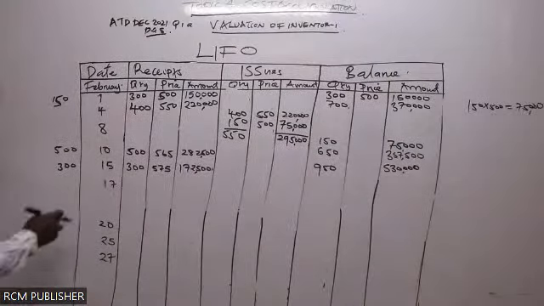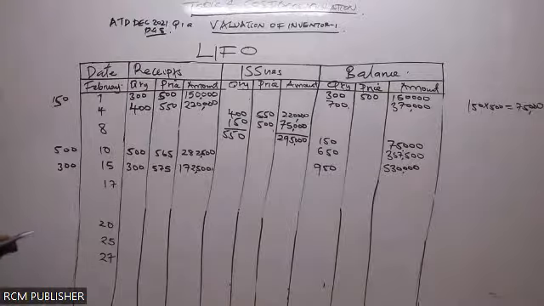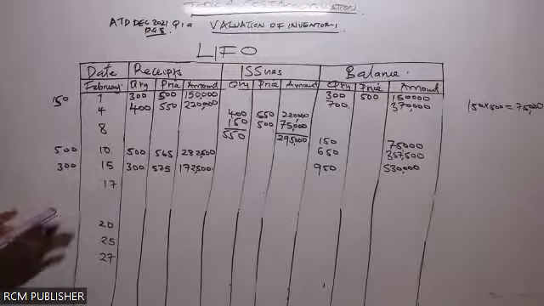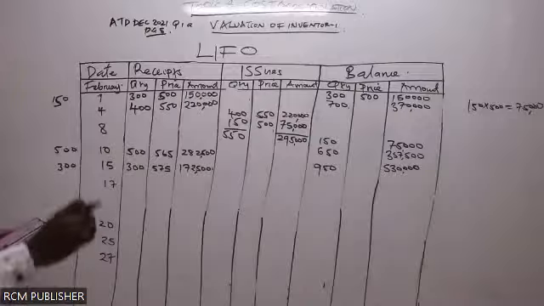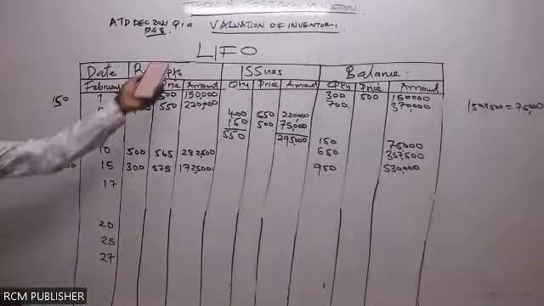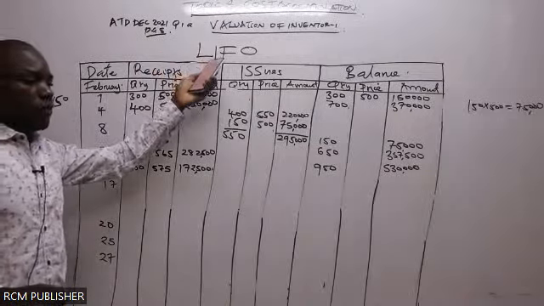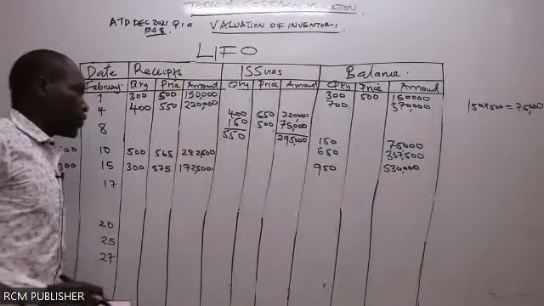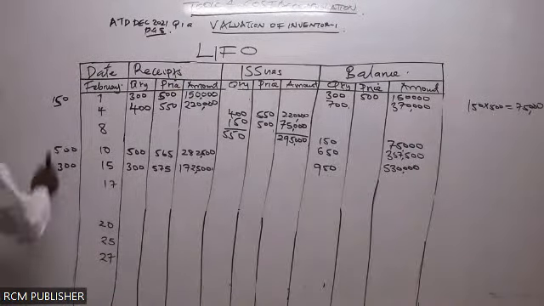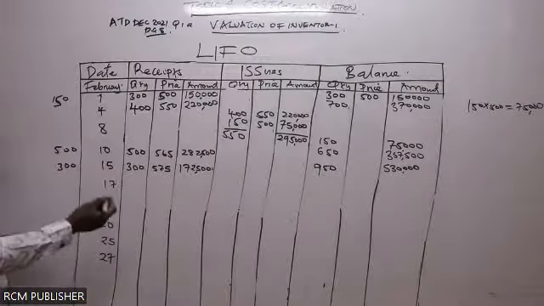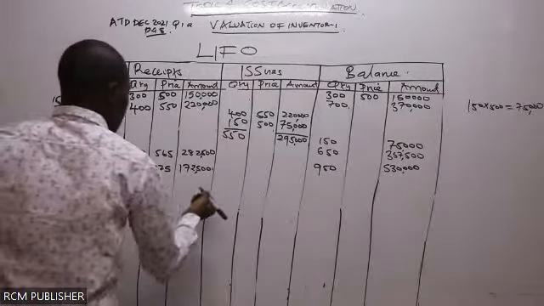Now, let's move to the 17th. What happened on the 17th? They are issuing goods. That's now the interesting part. They are issuing 850. Remember our method, LIFO, last in, first out. When you indicate these things in the column to the left side, it will be very easy for you to know what to do.